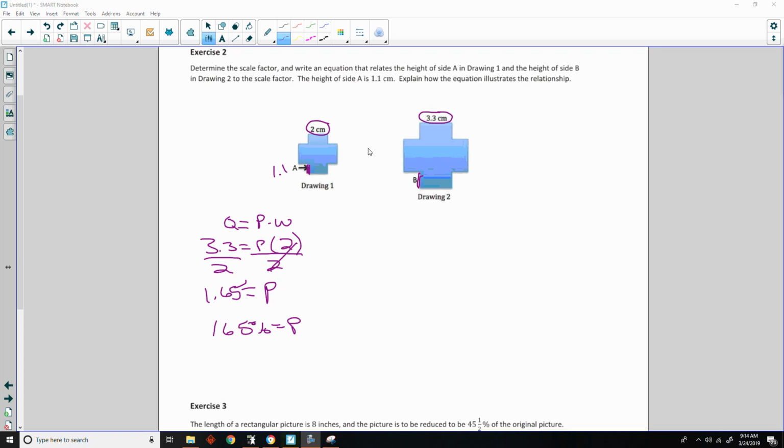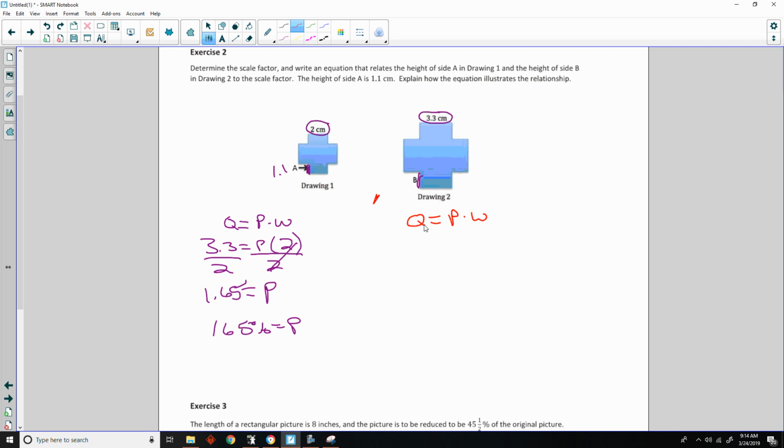So now that we've found the scale, now we can answer the question using our P. Okay, it's not giving me the pen logo, but it's okay. So now we want to find B. So what we want to do is quantity equals percent times the whole.